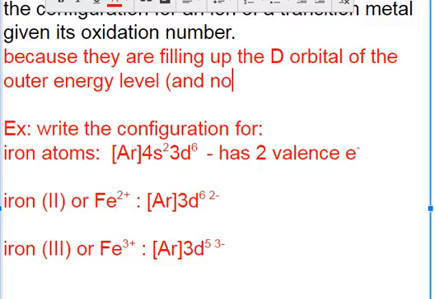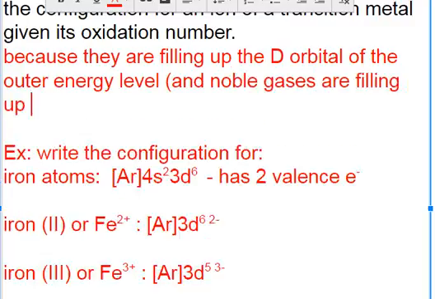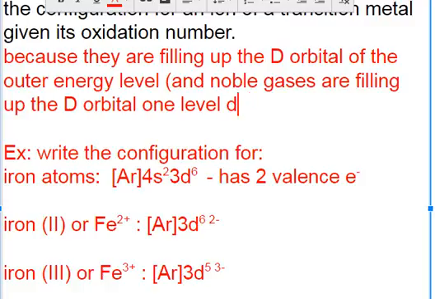And I'll just add, noble gases aren't. Noble gases are usually filling up the d orbital 1 level below. But because you're losing electrons and emptying the top floor, now all of a sudden you've got the d orbital being filled up on the top floor.